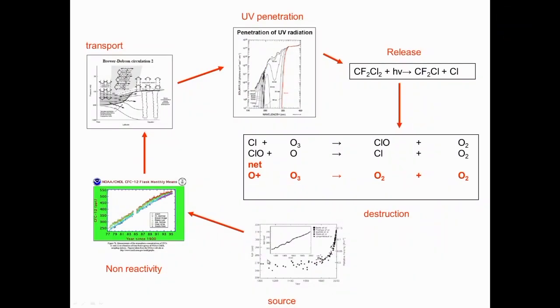So what we have are the sources of the ozone-destroying compounds, their lack of reactivity and their persistence and their increase through the atmosphere, the transport. So this was in the lecture that Hugh presented a couple of weeks ago. Do you recall the Brewer-Dobson circulation that gets these compounds into the stratosphere, that then leads to them being trapped in the polar vortex, penetration of UV radiation, and the release of the chlorine.